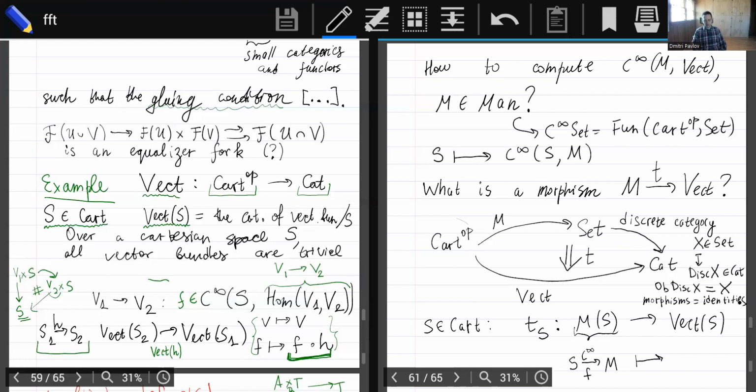And how to include sets into categories? This inclusion is the most natural possible inclusion. If you have a discrete category, it contains the same data as its set of objects. There are no non-identity morphisms between them, so in a sense, a discrete category behaves precisely like a set. So this functor Disc is a fully faithful functor. Maybe I should have mentioned this: fully faithful.